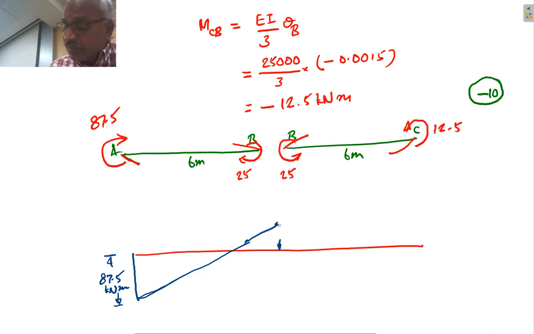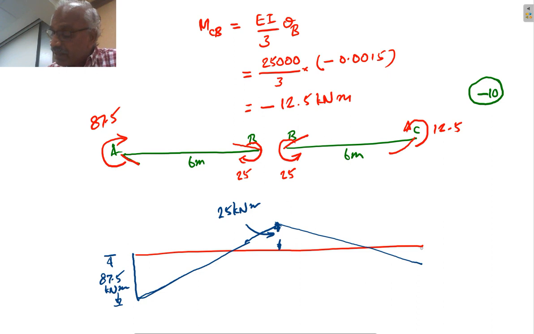Now this value is 25 kilonewton meter. So here at B both are at the top. So this is 25 and here it is 12.5 down.